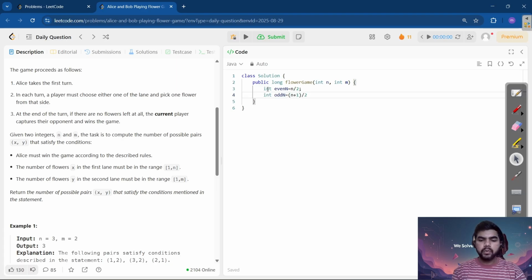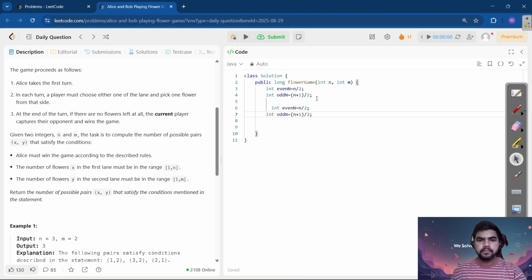So that is how you can calculate the odd numbers in that. I'll just take the same thing again, even m will be m by 2 and odd m will be m plus 1 by 2.